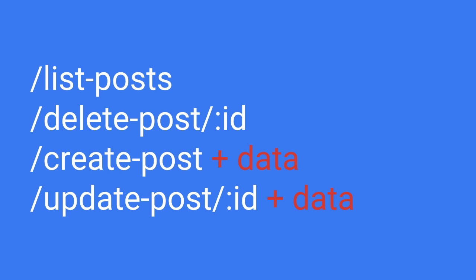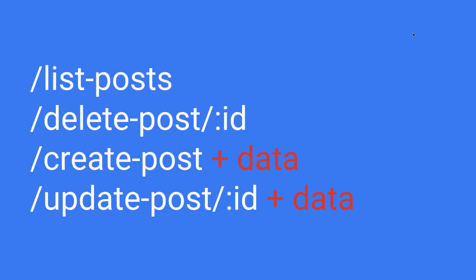We might have an endpoint called delete post, where we send it an ID, and when we hit it, it deletes a post for us. Another one might be create post, where we send along some data, for example by appending it in the query string or the request body, like in a form. Similarly, we could have an endpoint for update post and send along some data. So this might work. This is one approach to doing it.